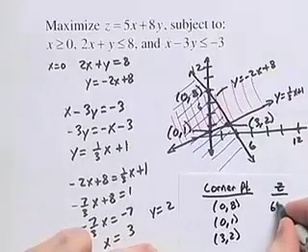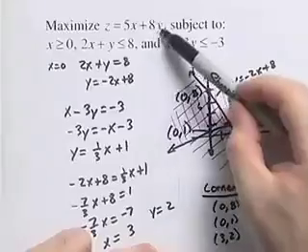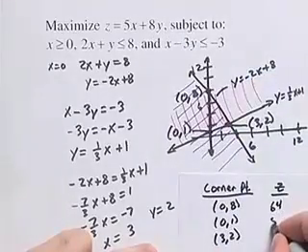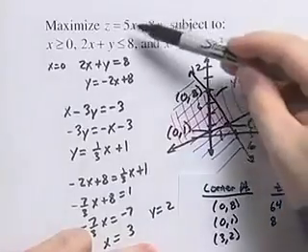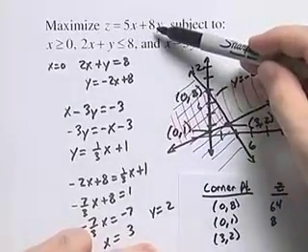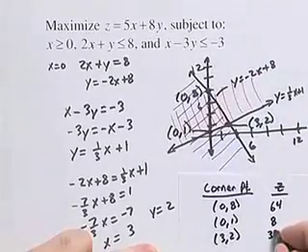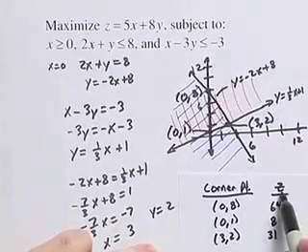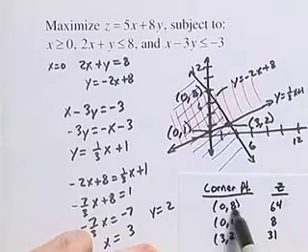That gives us a value of 64. Put in 0, 1, 5 times 0 plus 8 times 1 gives us a value of 8. Now 3, 2. We get 5 times 3 is 15 plus 8 times 2. So we get 15 plus 16, which is 31. So we can see that the maximum value for our objective function is 64, and it occurs at the point 0, 8.